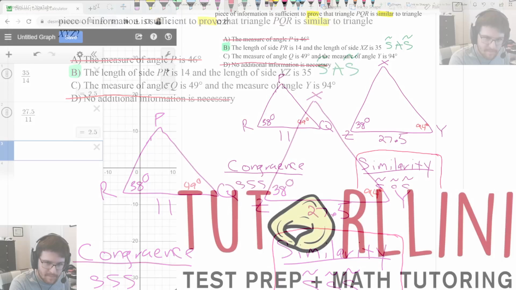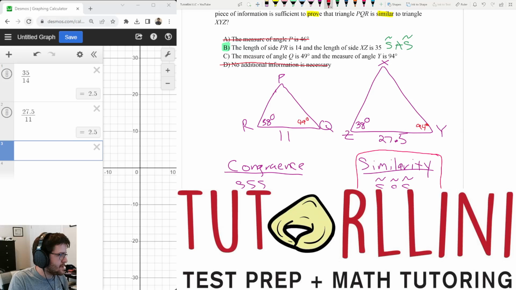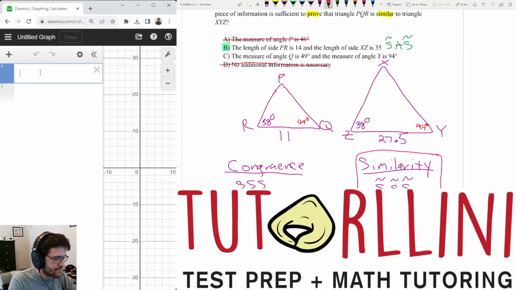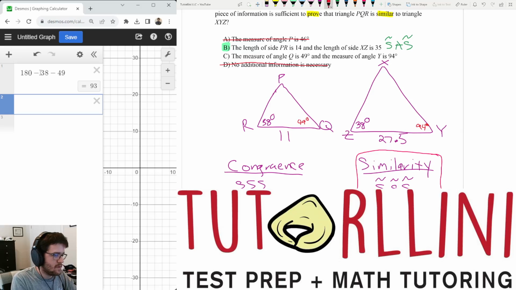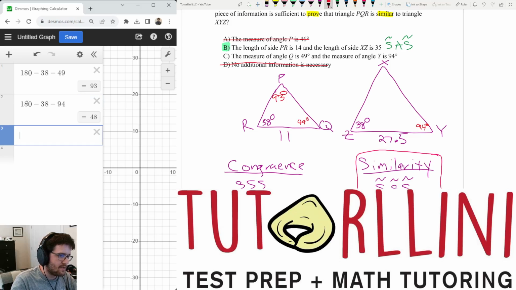So let's go back over here. Let me erase this stuff from the previous problem. 180 minus 38 minus 49. So angle P is 93. And 180 minus 38 minus 94. So angle X is 48.